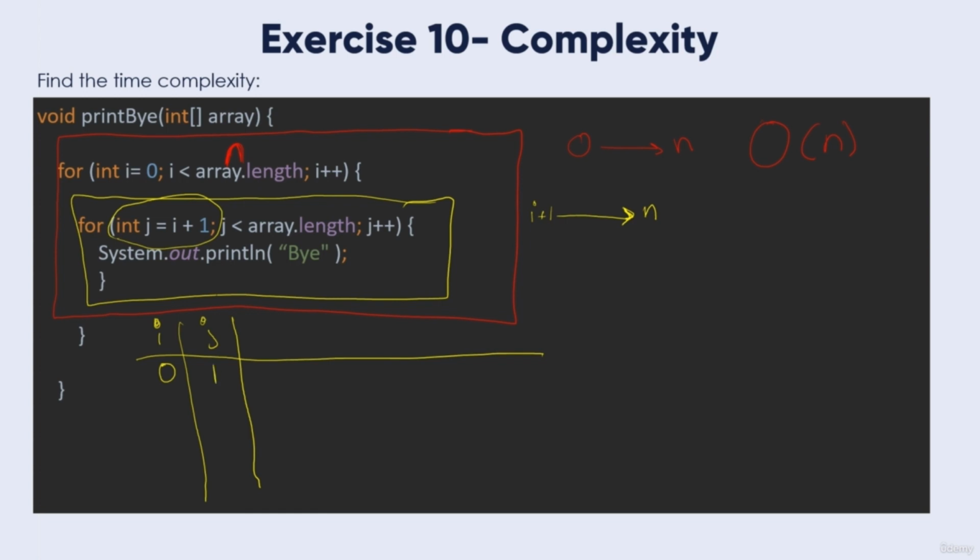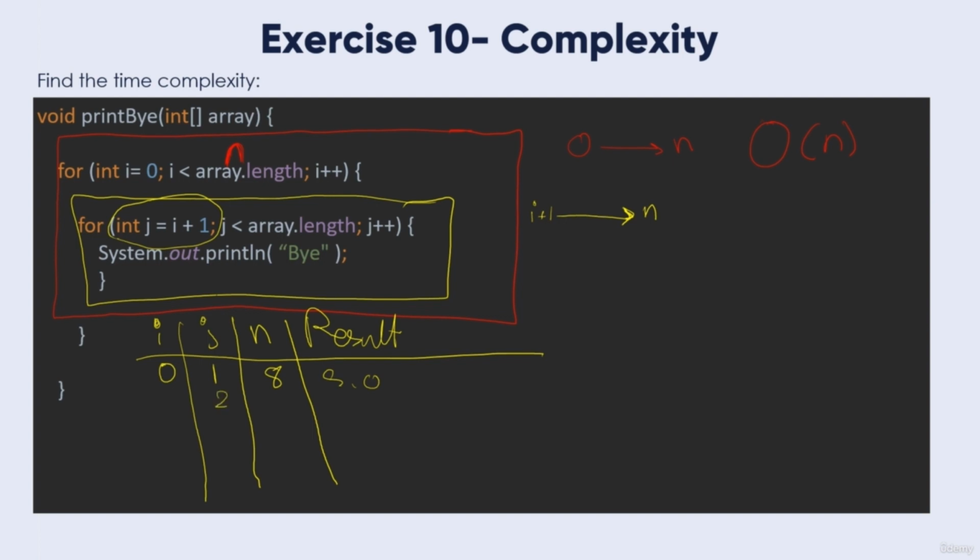I will put n equal to 8. J is 1. Yes, 1 is less than 8, so go and print. The second iteration of j would start from 2.